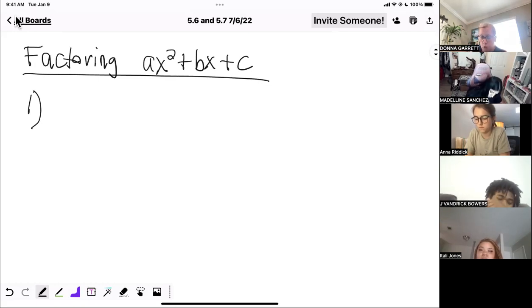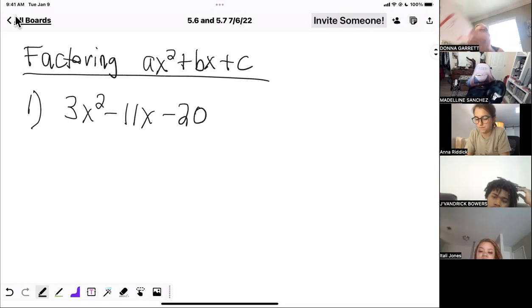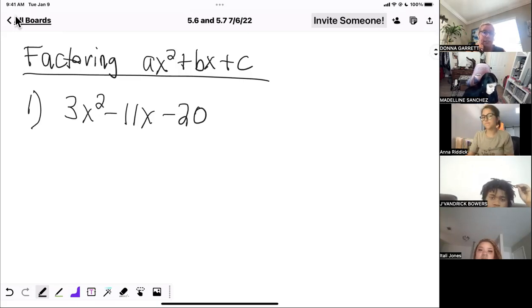Okay, why don't you start with this one? 3x squared minus 11x minus 20. Now the question is, can we factor anything out? And 3, 11, 20, nope.